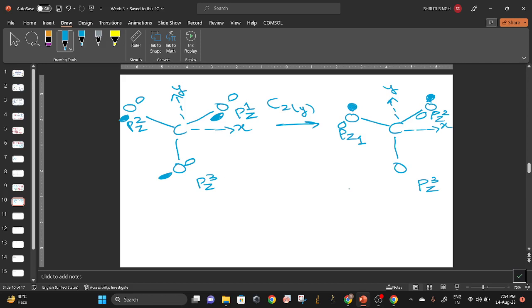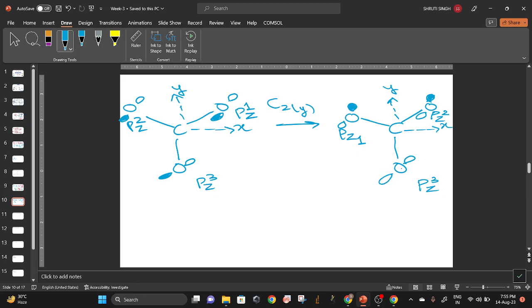And what will happen to this? Same thing, because this third oxygen atom is not changing its place but still it is rotating, and since the lobes were aligned along the z-axis, it has flipped now.